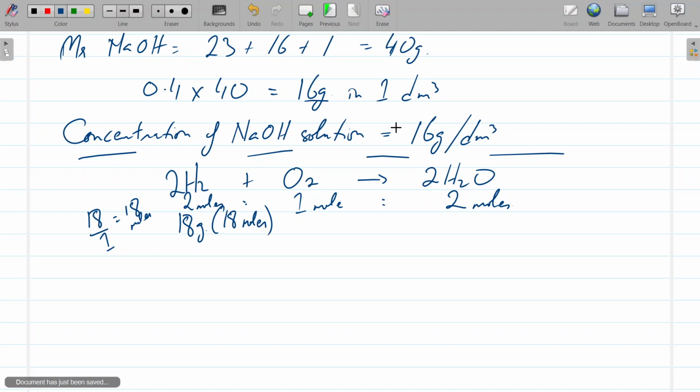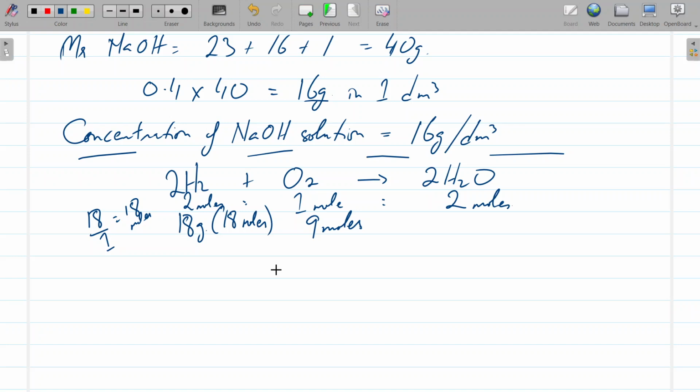Supposed to divide. 18. No, because there is one molar mass for oxygen. 9. So we gotta do 18 multiplied by 9.